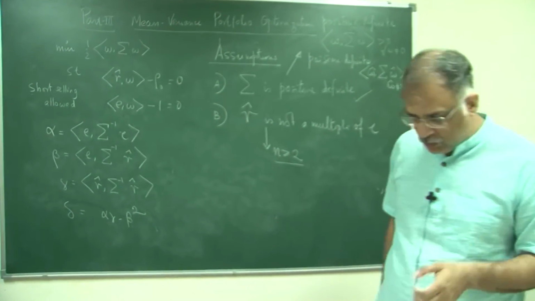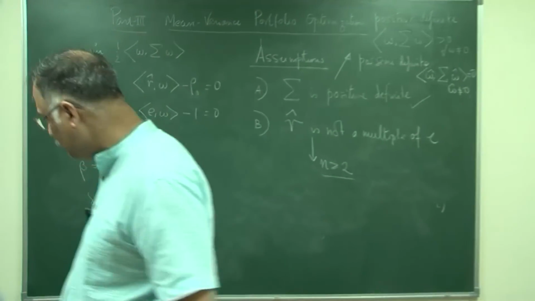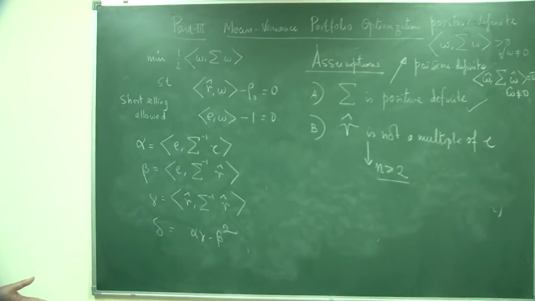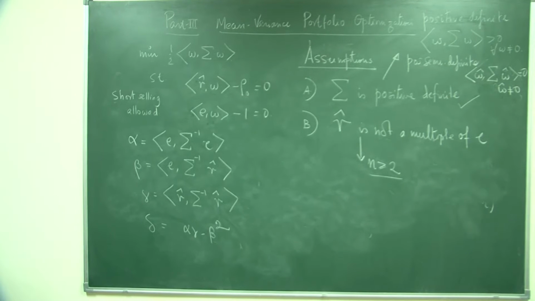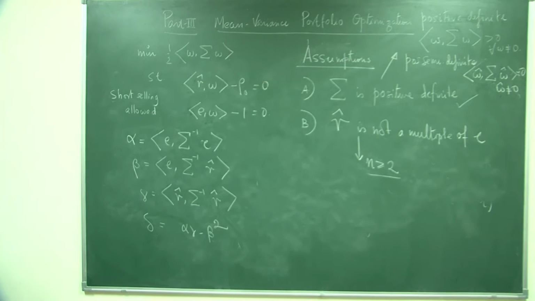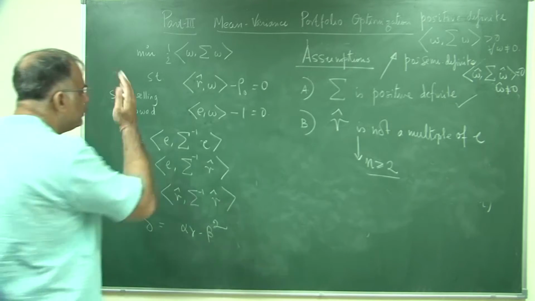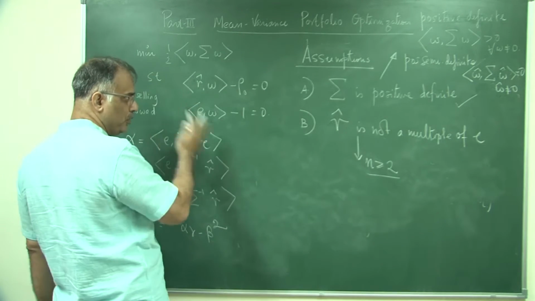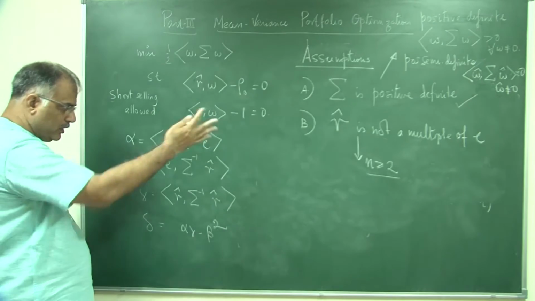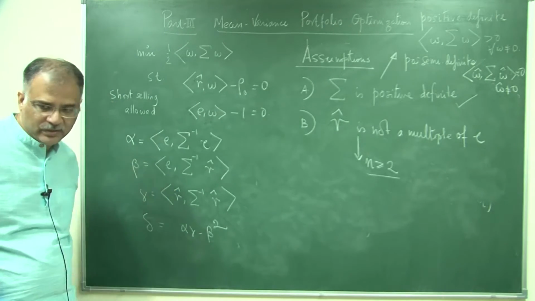So now what we would do is write down the result, the optimal solution of this problem, and that solution would be unique, right? We will write down the result now, and then we will try to analyze it.